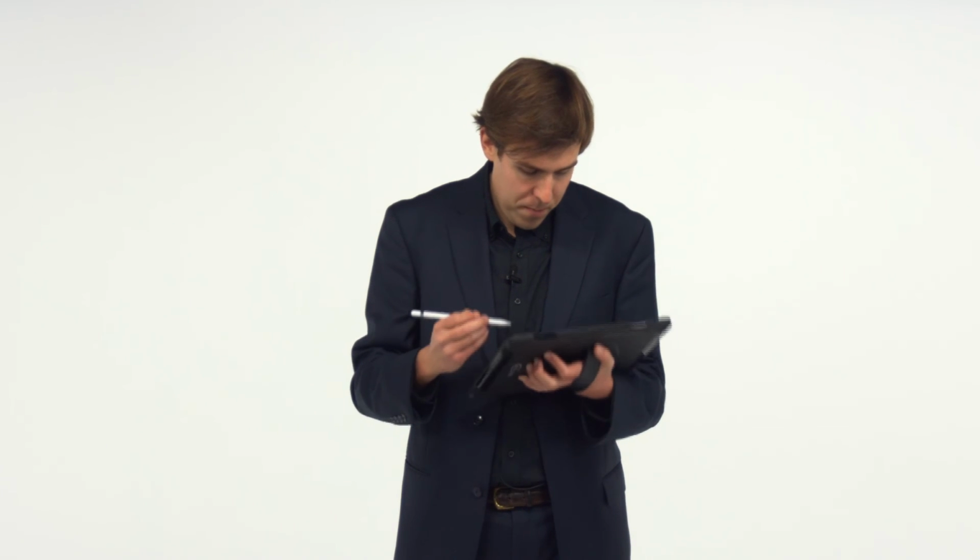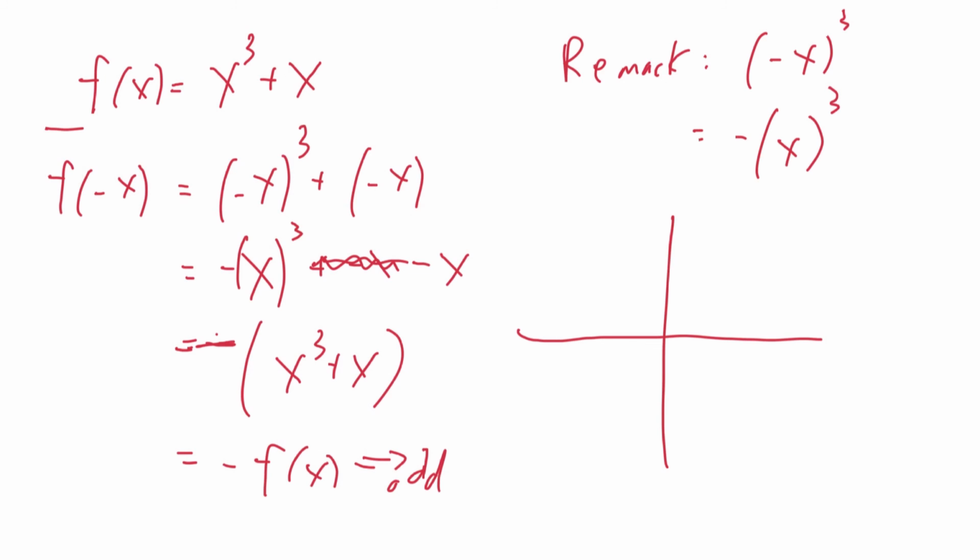So again, I can use this as a tool for plotting. If I know the function's odd, it's going to have this sort of symmetry about the origin, or this sort of double reflection symmetry. So let's try and get a sketch going here. We'll make a little table. When x is 0, f of x is 0.